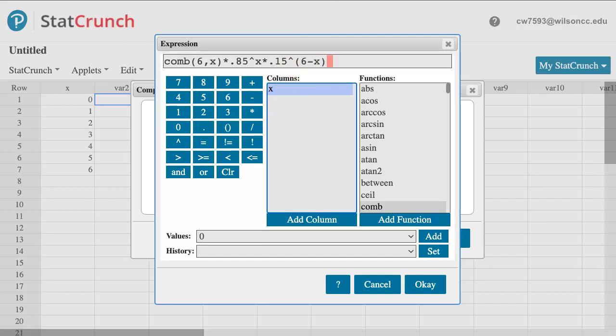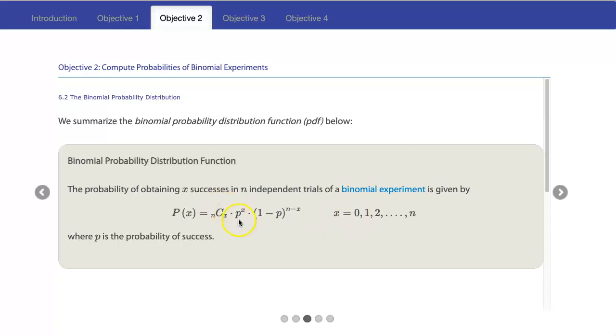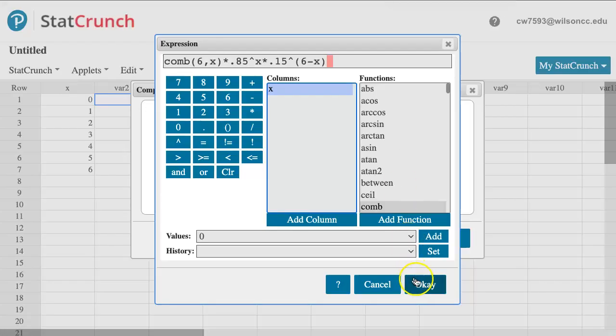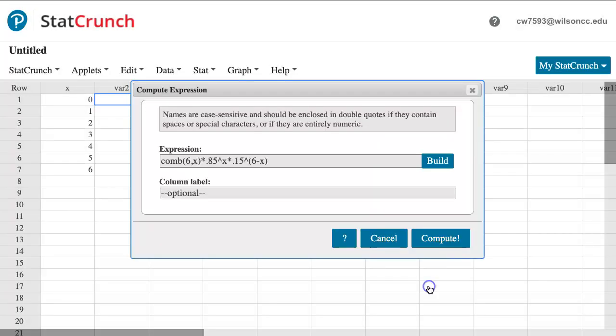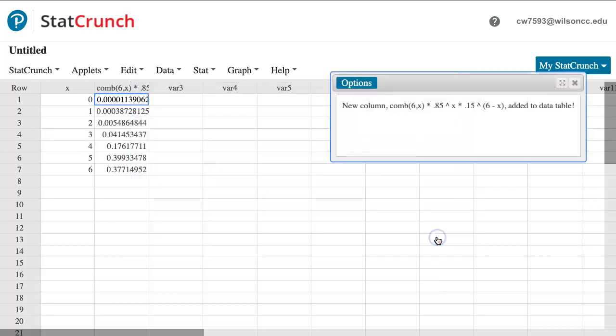And just to confirm, let's go back and see where we got these pieces from. Again, from this formula that we would do by hand in some parts, but we would want to use some type of technology to speed up this process. Okay, so we'll select OK, compute, and now I see those probabilities here in this column.